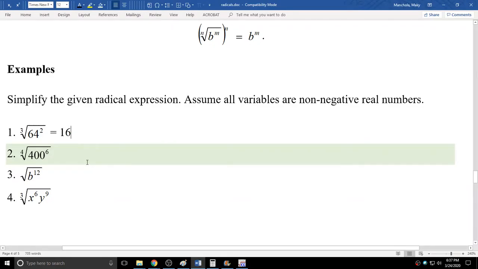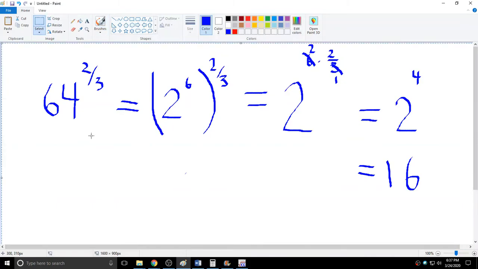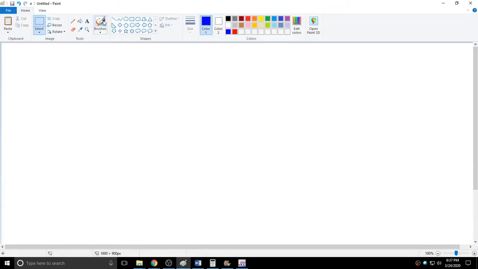Next example, I want to take the 4th root of 400 to the 6th power. The 4th root of 400 to the 6th power.